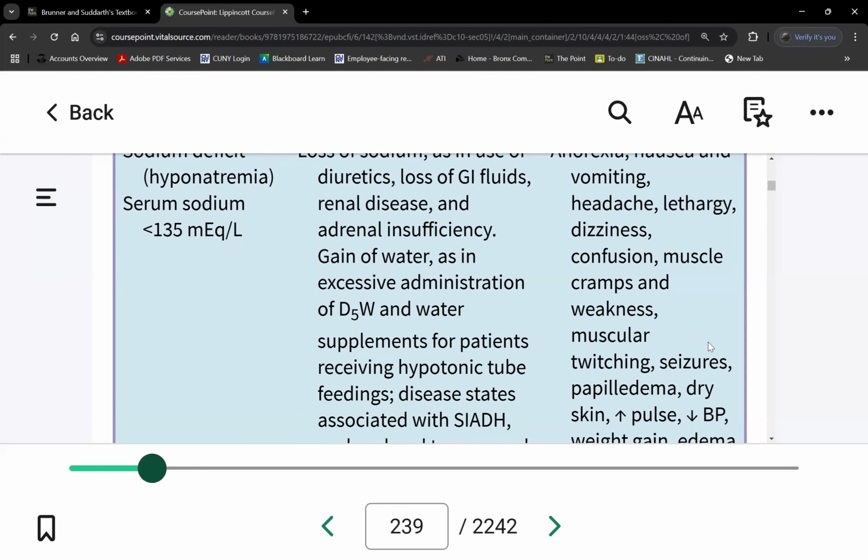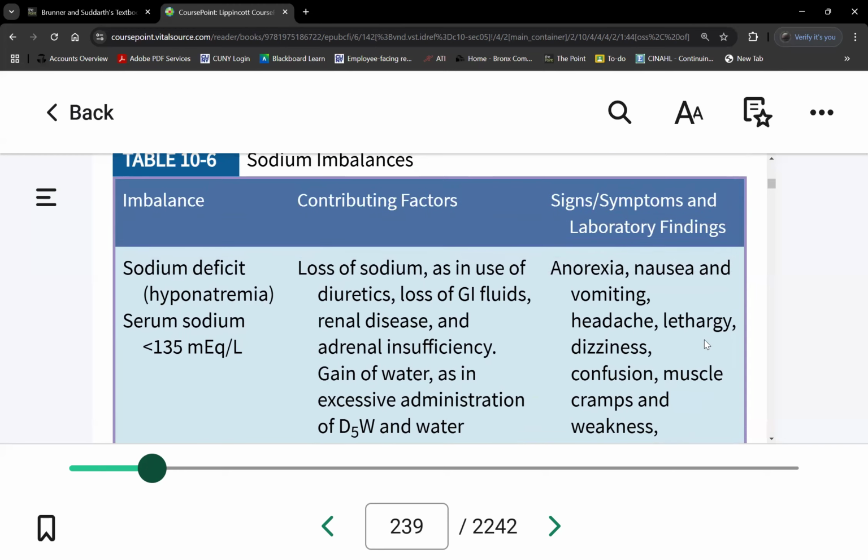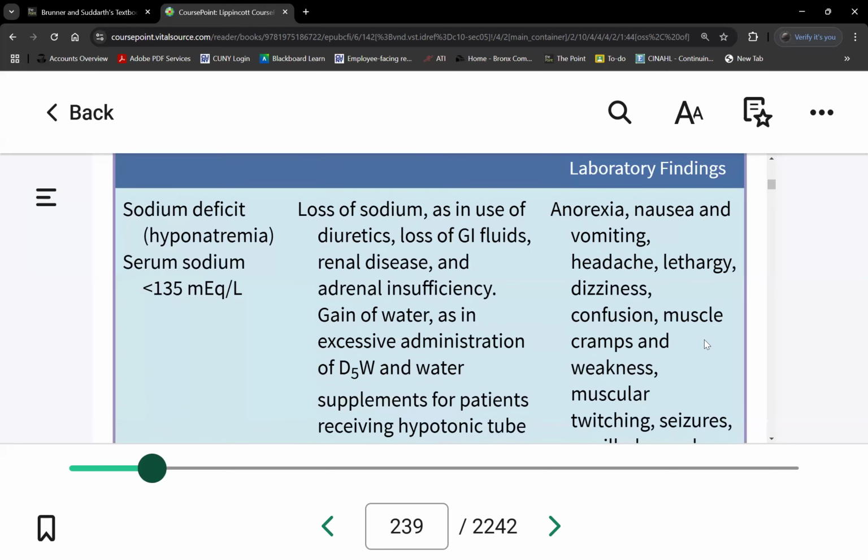But the seizure threshold is lower in hyponatremia, because think about it. If sodium is low in the bloodstream, what is the fluid status of the brain cells according to osmosis?